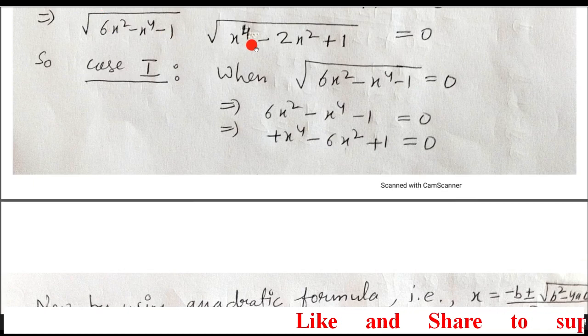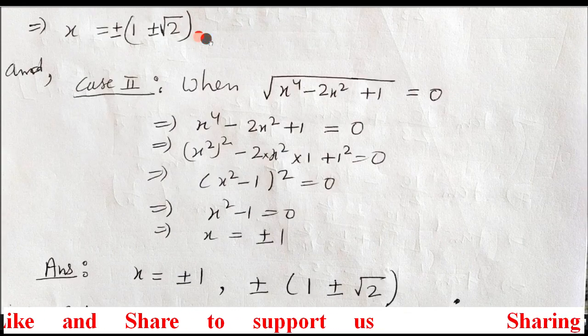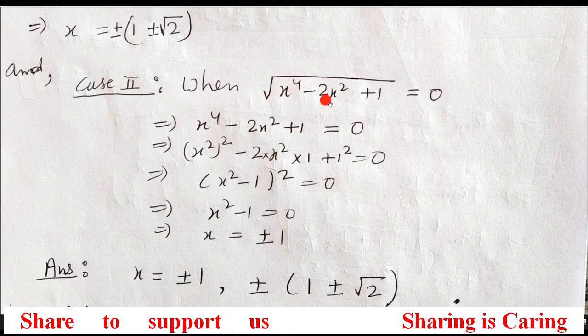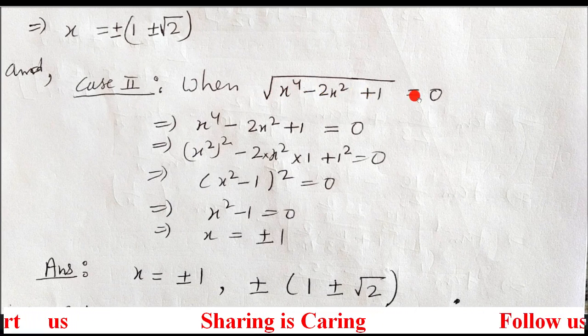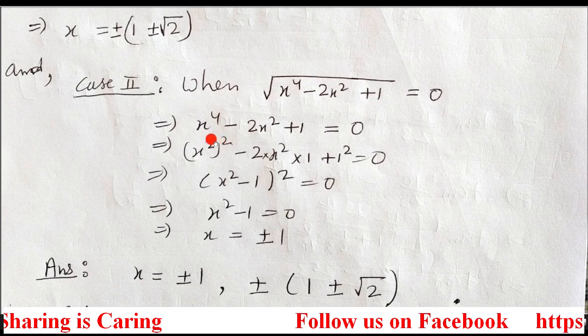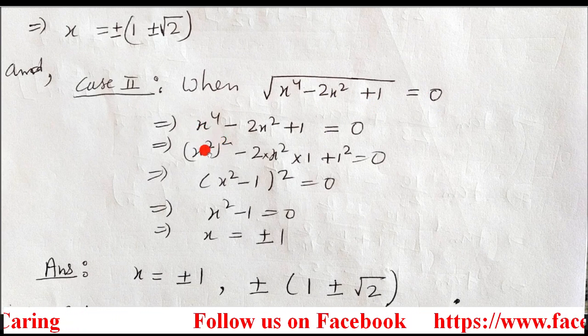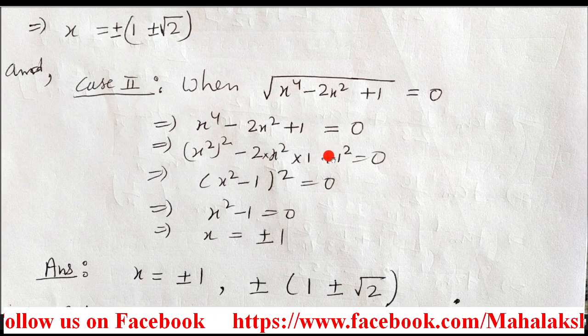Now we will move to the second root. Then if it is 0, what will we get? We will see in the second case. When we assume that the root of x to the power 4 minus 2x square plus 1 is 0, simply do the square on both sides, the root will remove. Then do the square here like this. This is a square, and write down here 1 square.